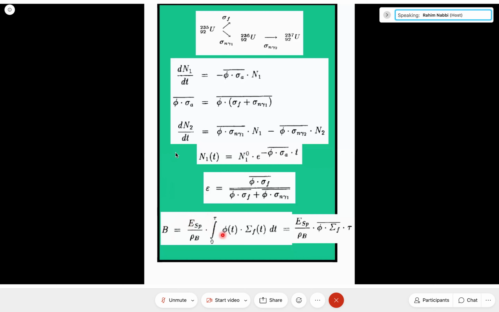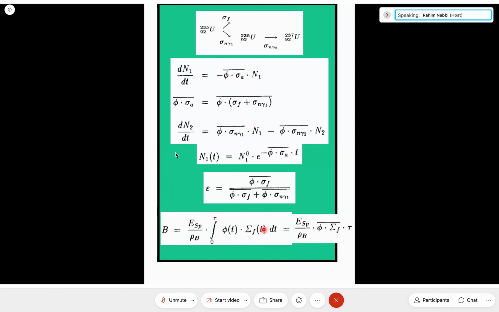You see here, under the integral sign, the flux multiplied by the fission cross-section, the macroscopic one, that means the same as here, but for fission. So that is then at the time t.